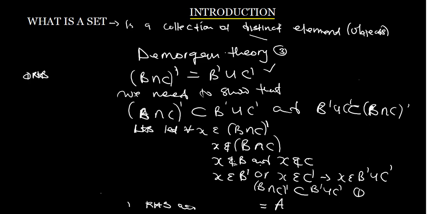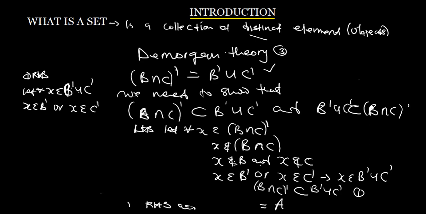Now proving 2, we are starting from the right hand side. So the right hand side, you say let x be a member of B complement union C complement. All right, meaning that x is a member of B complement, or x is a member of C complement again.